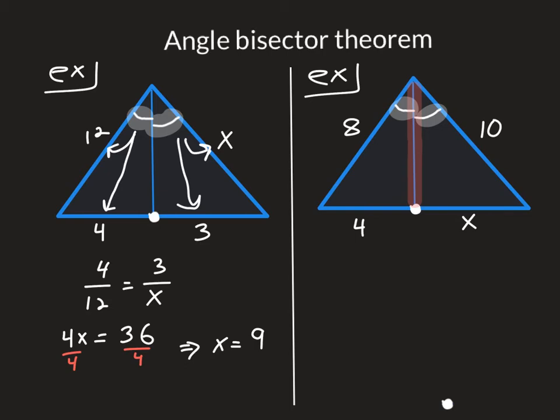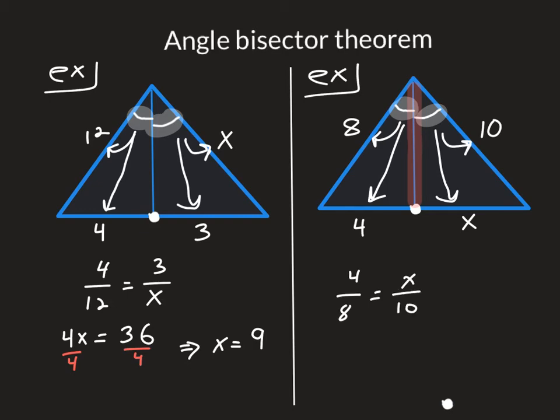So now, using the angle bisector theorem, I can set up a proportion that says that the opposite divided by the adjacent, so that would be 4 divided by 8, is equal to the other side's opposite divided by adjacent, so that's going to be x over 10.